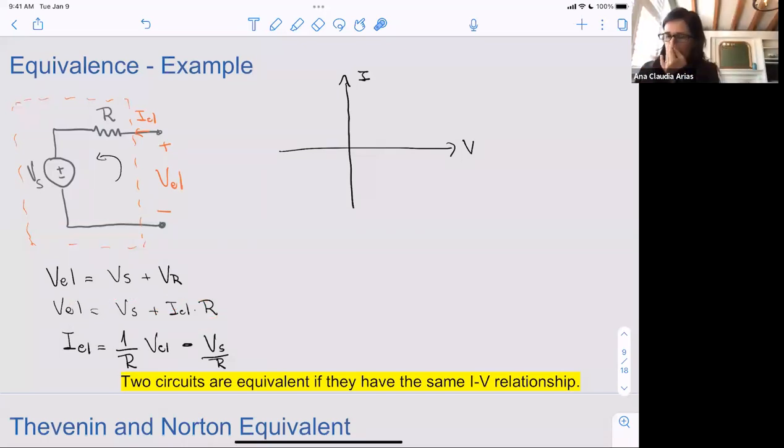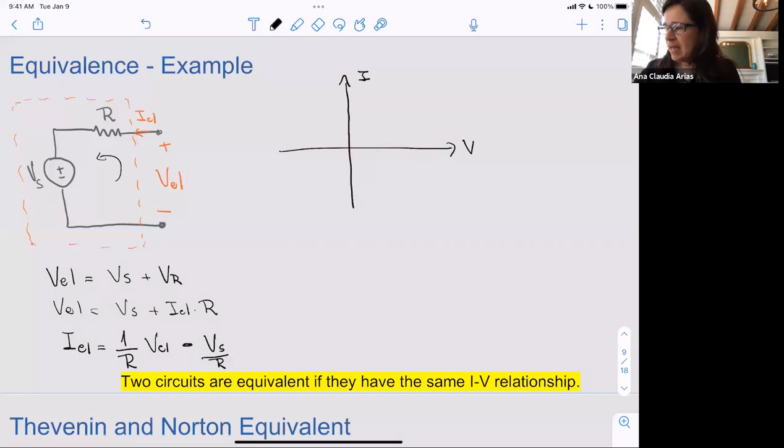So now we can figure out where the points are where our line is going to cross the current and the voltage axis. So let's say, well, how would you do this before I give you the answer? You can either say that the current is 0, or you can say, oh, when the voltage is 0, right?